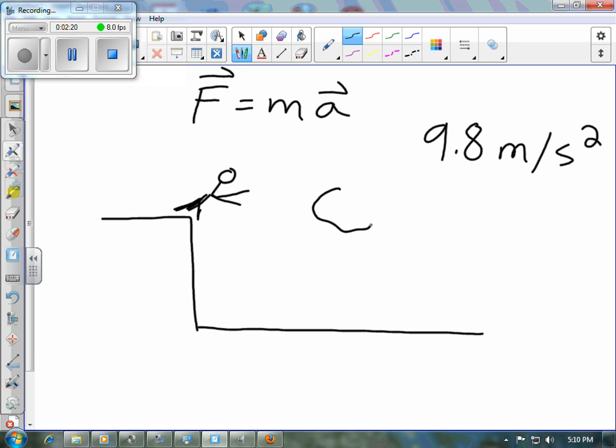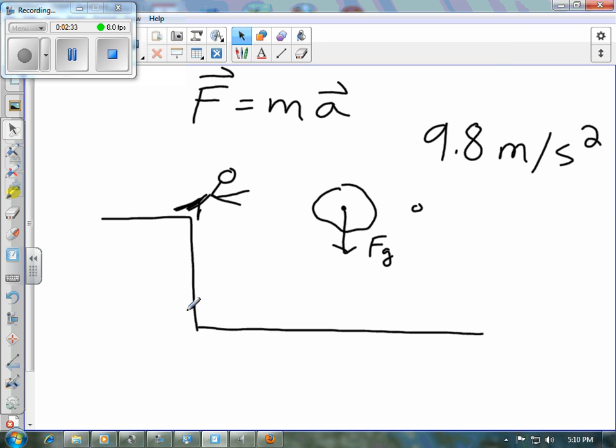Let's draw, here's a boulder and here's a pebble. I'm going to draw the vector for force due to gravity, Fg. If the force due to gravity was the same for both, it was Fg for both, look what would happen.